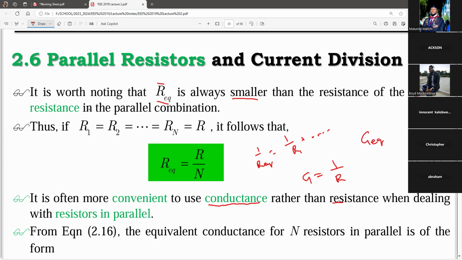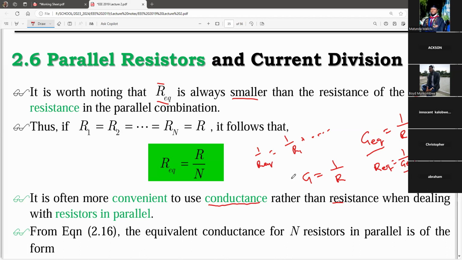The equivalent conductance should be equal to 1 over Req. So if you can get the equivalent conductance for the resistors connected in parallel, then you do the reverse and get Req equal to 1 over Geq.